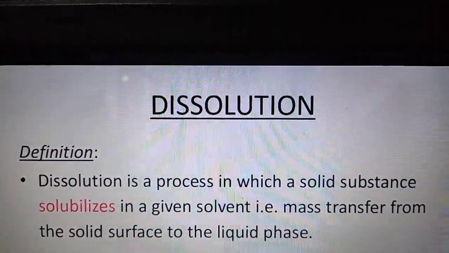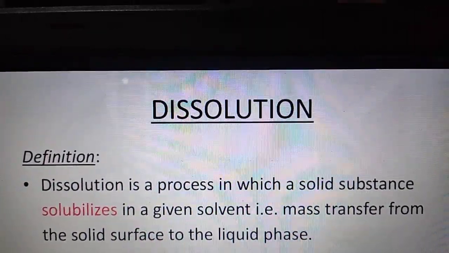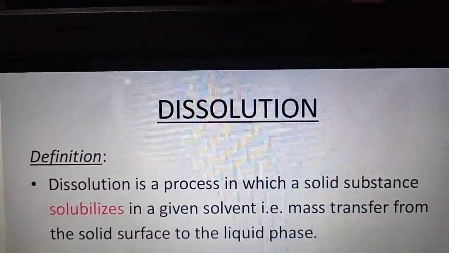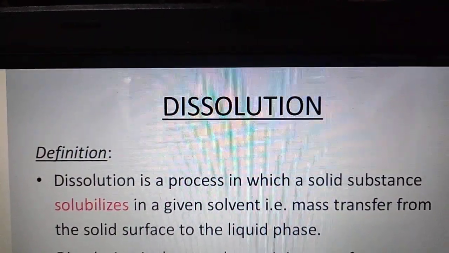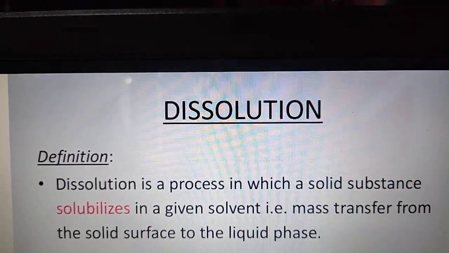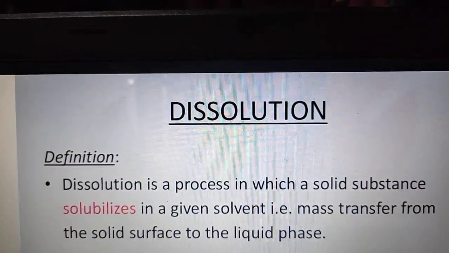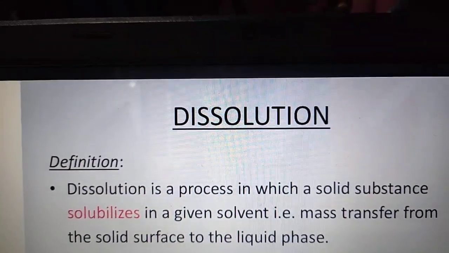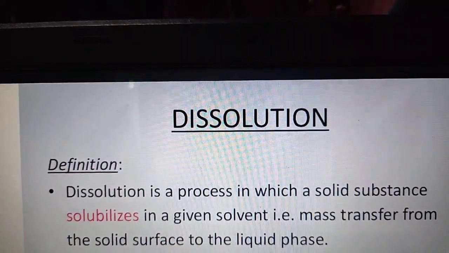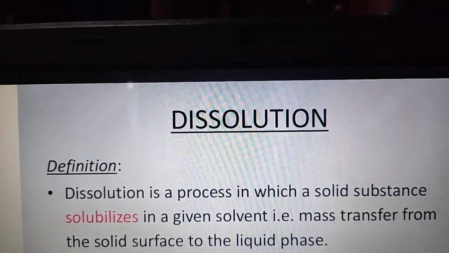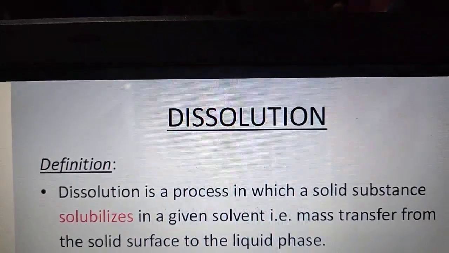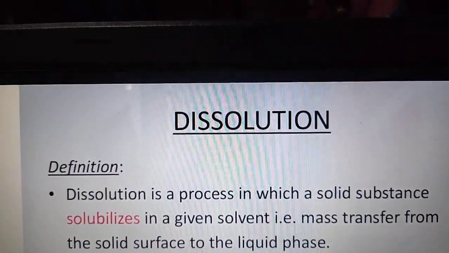Whenever you dissolve sugar into water, that means a solid substance solubilizes in water, so it transfers from the solid surface to the liquid phase. In your book it is written that the process by which a solute gets dissolved in a solvent is called dissolution.